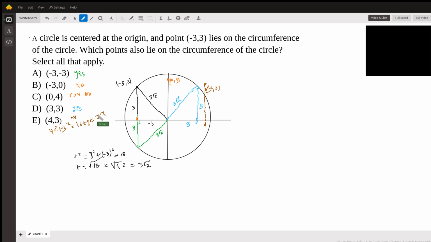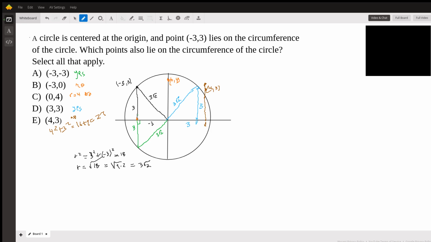So that's the way you would have to do it by hand on a test. If you're allowed a graphing tool, I'll just show you how quick this is. I did a graph on Desmos.